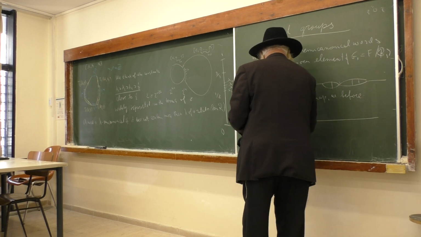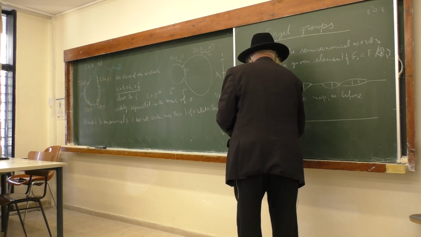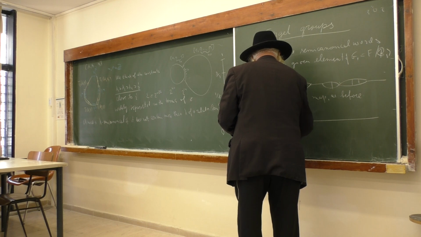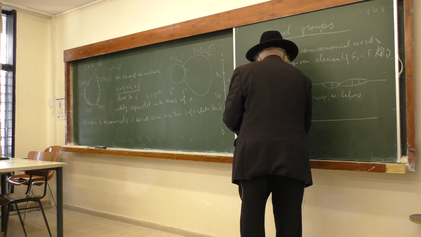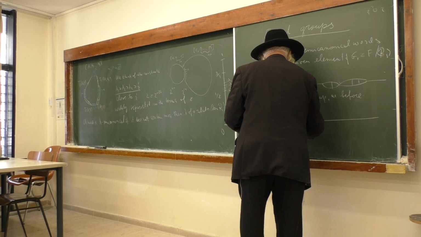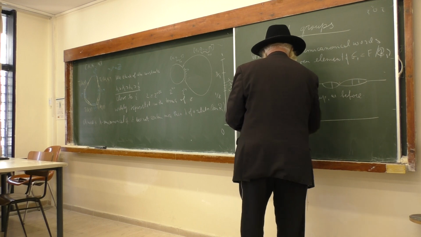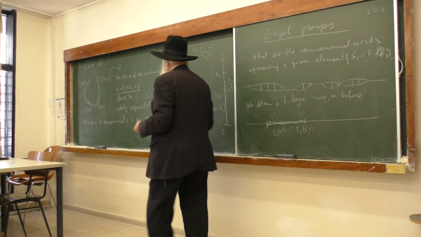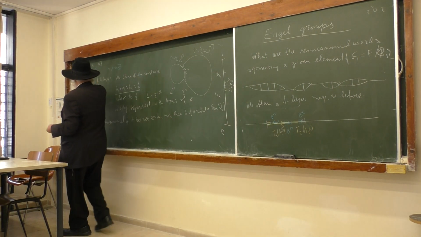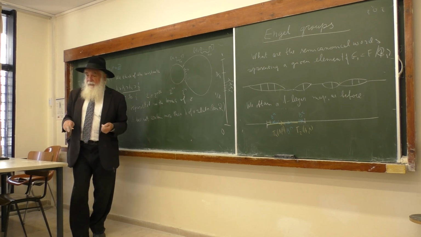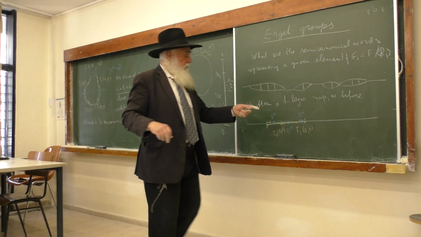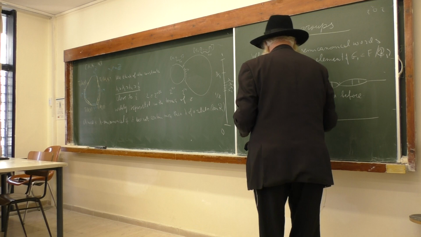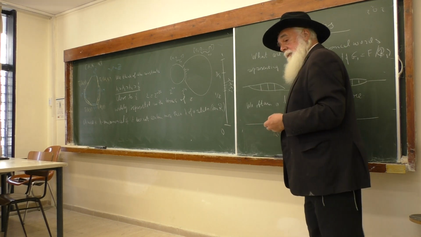Here we had what we call T2 of A and B, in this direction, and also here we have T2 of A and B. This is an initial segment of T2 of A and B on one side and an initial segment of T2 on the other side. This is an example.